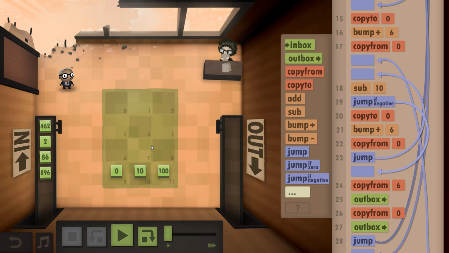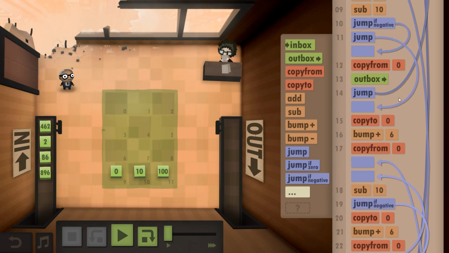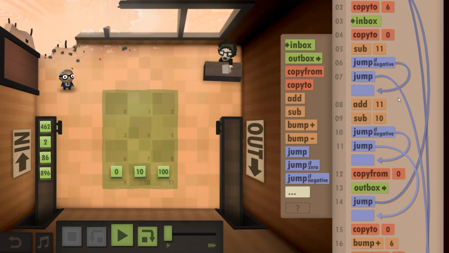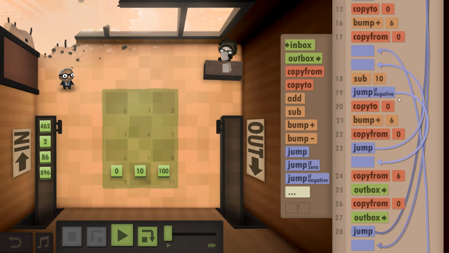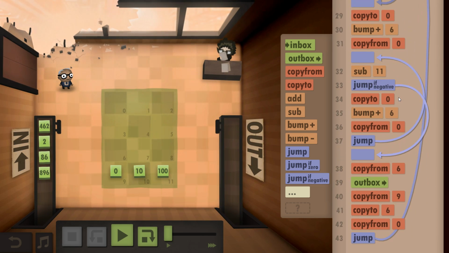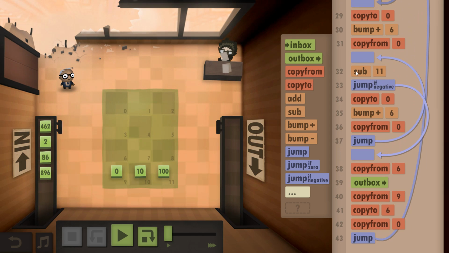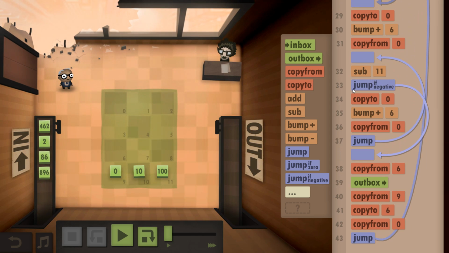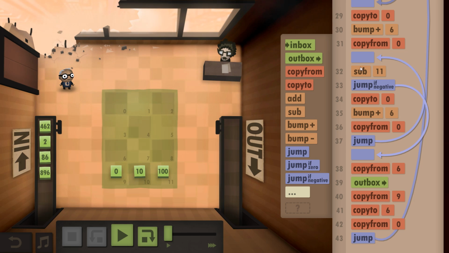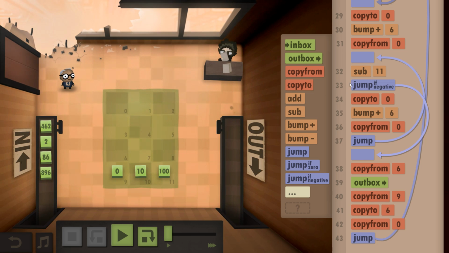It happens a lot, especially with larger numbers, like with 896. Where's the minus 100 part? Right here. Minus 100. Then these 3 steps, jump back up, minus 100, and then that happens 9 times until it's less than 0, so it's negative.